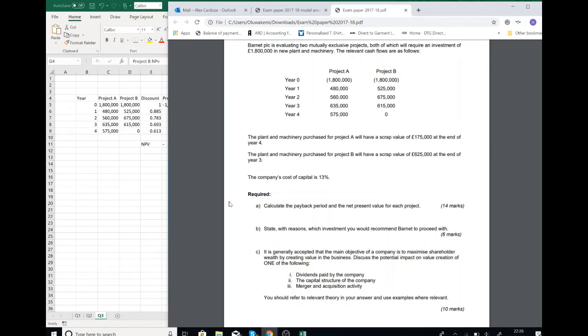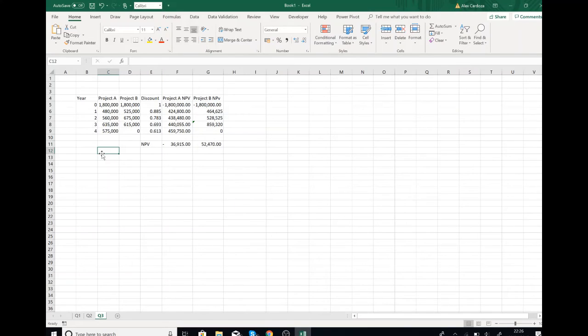So you need to calculate the payback. The payback period is relatively simple. What you do here is take these numbers again and work out the cumulative amount.